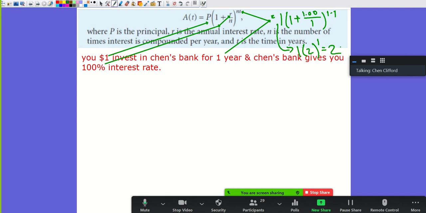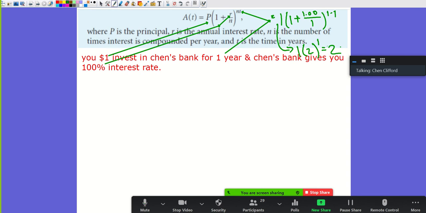Add that to the previous dollar you gave me, 1 plus 1 is 2, and that is confirmed by this formula. So common sense says I will give you back $2 at the end of the year. I just want you to have faith in how this formula works.